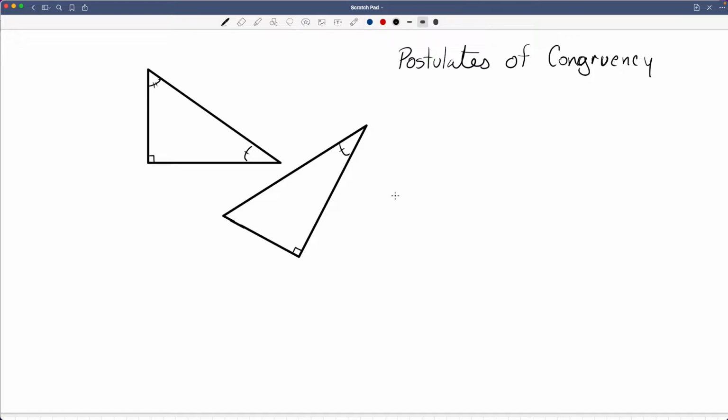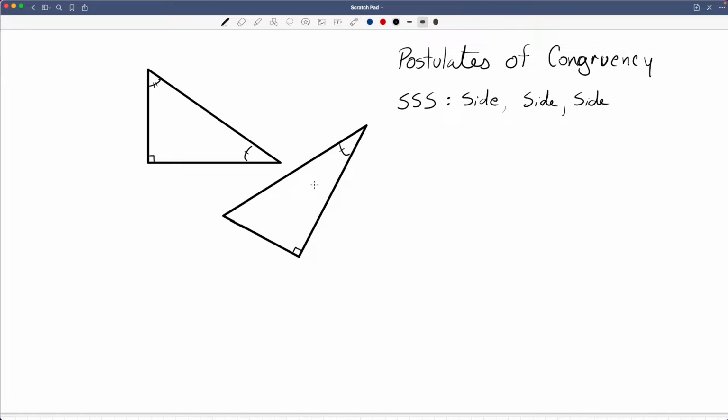Not similar, but congruent. So the first one is side, side, side. We call it SSS, which just stands for side, side, side. We reviewed this in the geometry review at the beginning of the very first lesson, and it's also in your Quizlet, but I wanted to go through this step by step.